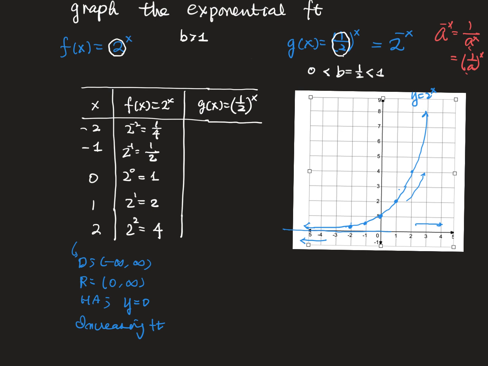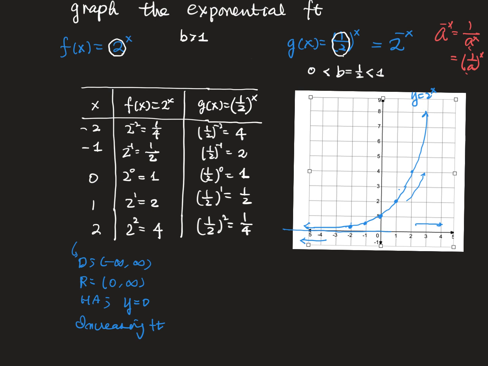Let's go to g of x equals (1/1.5) to the x. Let's find the values. Here, 1.5 to the negative 2 is going to be 4. Negative 1 gives 2. 0 gives 1. 1 gives 1/1.5. 2 gives 1/4.